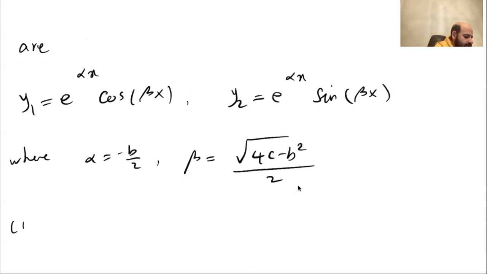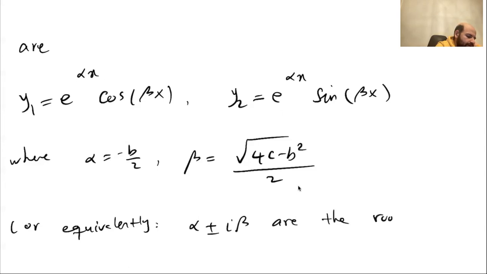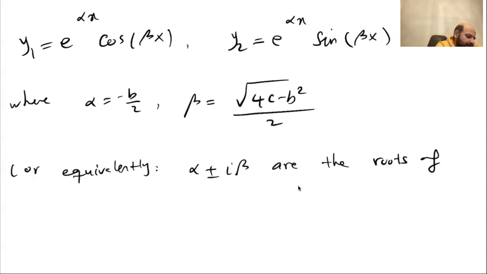In other words, equivalently, we can say that alpha plus minus I beta are the roots of the characteristic equation.